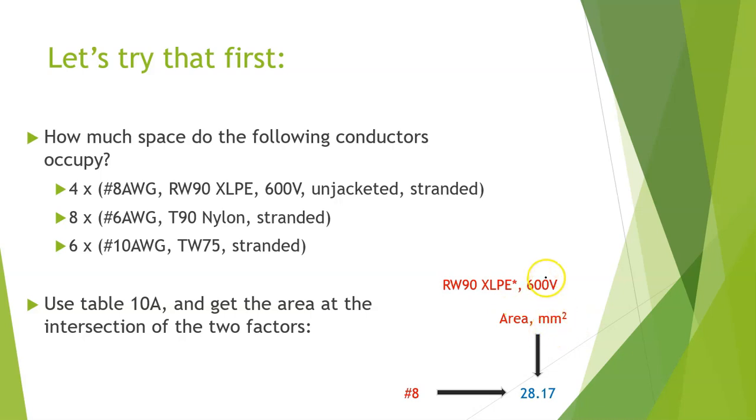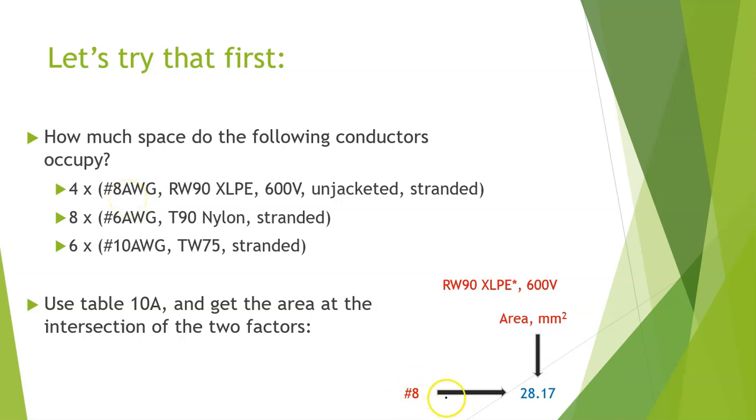So, having located the correct column for your wire type, and then making sure to use the area subcolumn, you simply go down that column until you intersect with the wire gauge that you're looking at, which in our case, for our first wire type, is number 8.